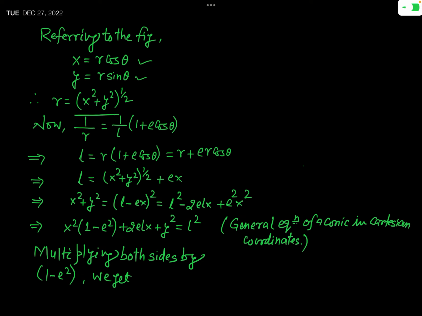Now we will substitute this value of r in the general equation of our conic. What is the general equation of a conic? This is 1 over r equals 1 over L times 1 plus e cos theta. After cross multiplication, this can be written as L equals r times 1 plus e cos theta, and that is equal to r plus e r cos theta.